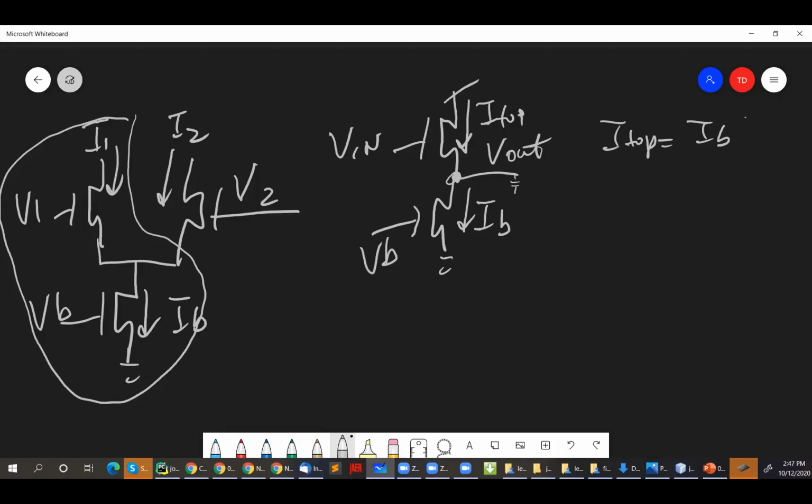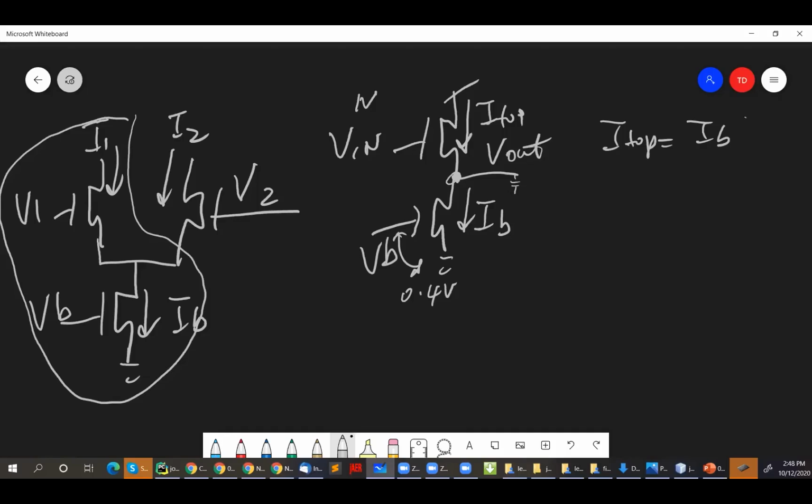So let's make it simple. Let's say VB is equal to 0.4 volts, right? And you know that if this has to be true, then in steady state, say I put V in at 1 volt. And the question is, what is V out going to be in steady state?